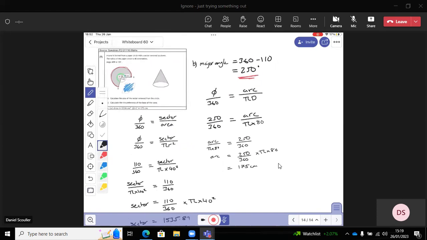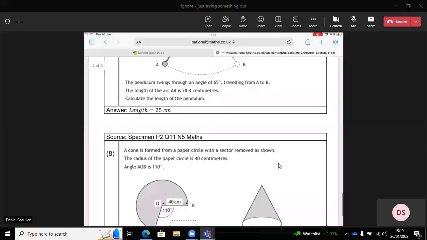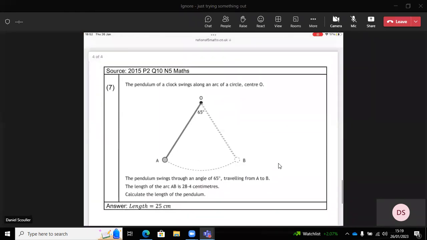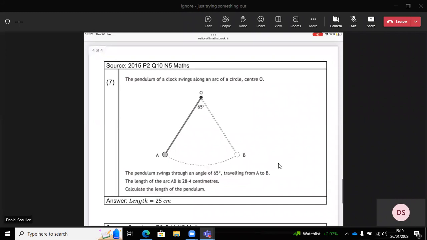Right, let's see if there's any other ways that can trick you. Pendulum, okay, that might not jump out at you straight away as being a circle, but when I look at it, it gives you the length of the arc. Now it's asking you to calculate the length of the pendulum, essentially the radius of that circle.